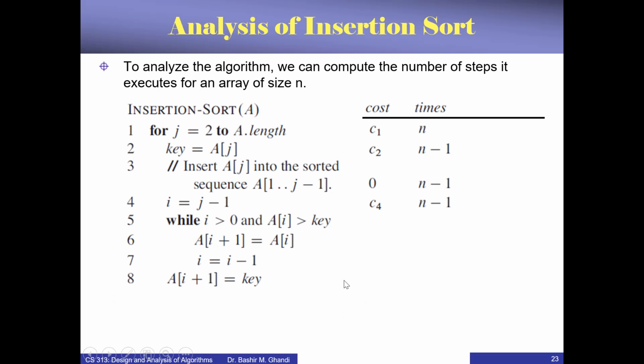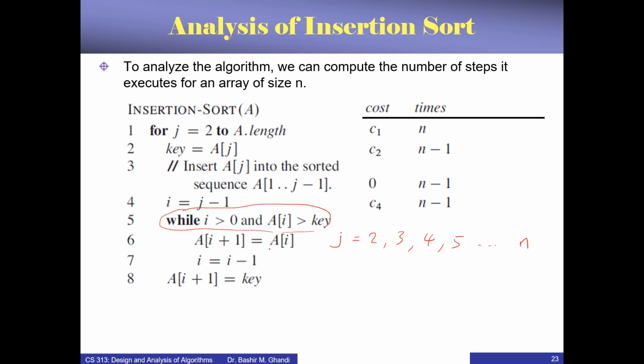So what we will do here is, since we know that the outer loop will execute for j equal to 2, 3, 4, 5, and so on until n, where n is equal to a.length, we are going to say that this heading of the inner loop will execute some variable number of times.